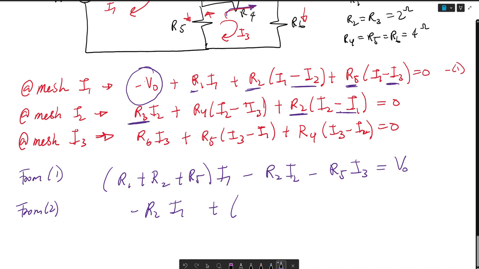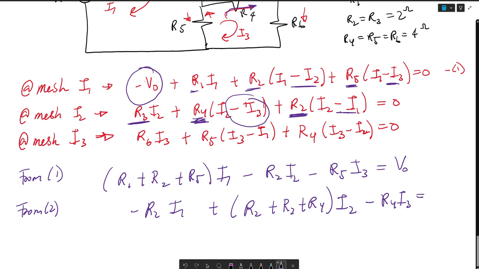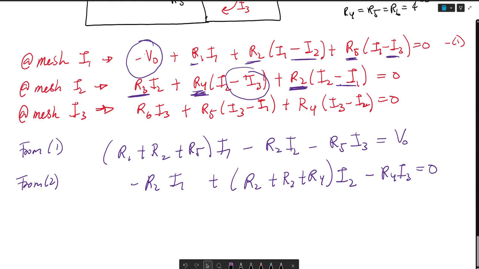So R3, R4, and R2. So I'm going to rewrite this as R2 plus R3 plus R4 times I2, minus this I3 is being multiplied by R4, so minus R4 I3, which is equal to 0.